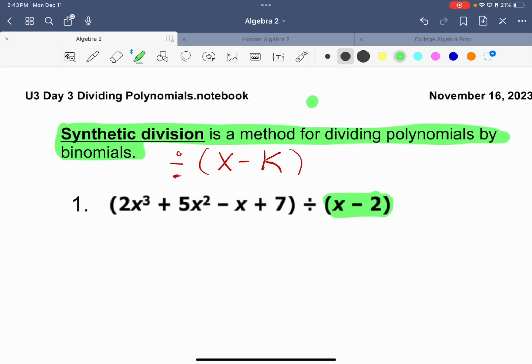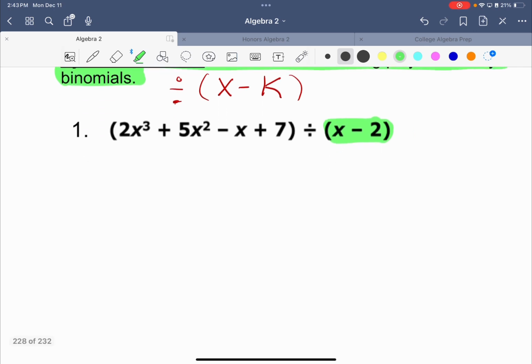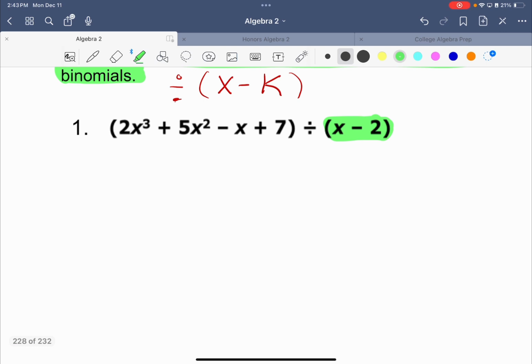But there's a process to this synthetic division. So here's the process. If you have something like 2x cubed plus 5x squared minus x plus 7, and that's being divided by x minus 2, here's the process.